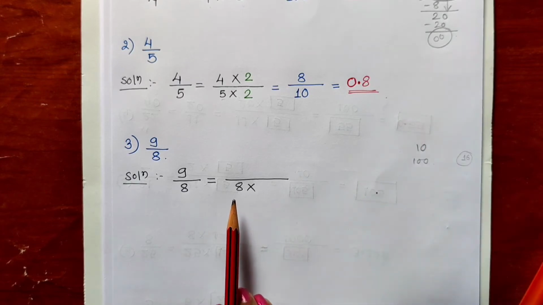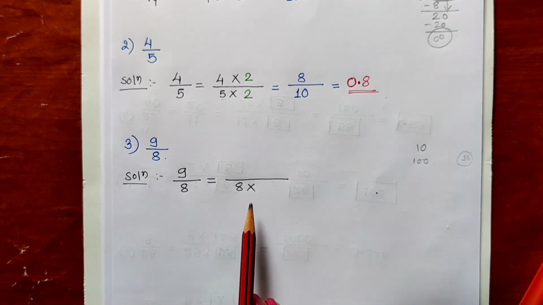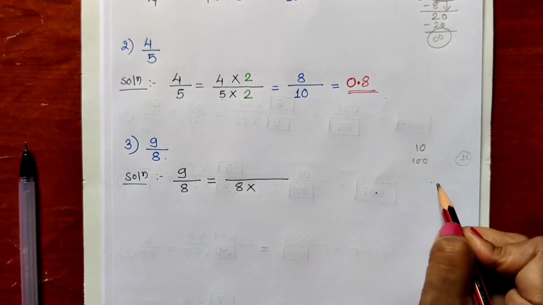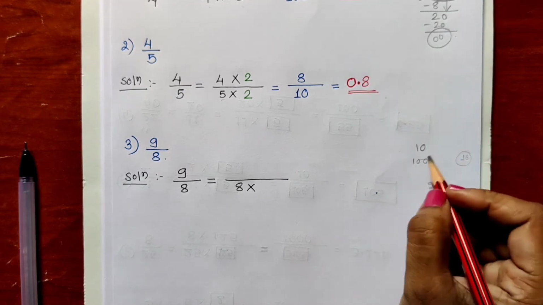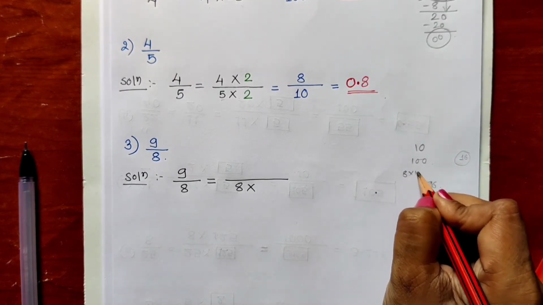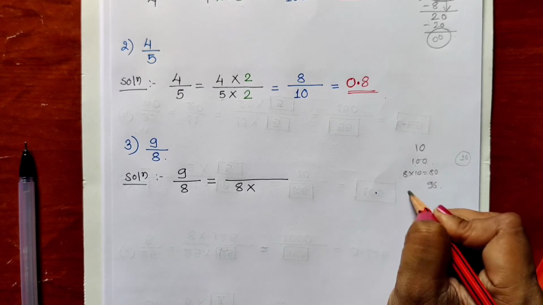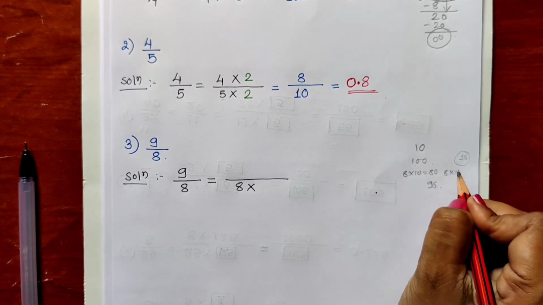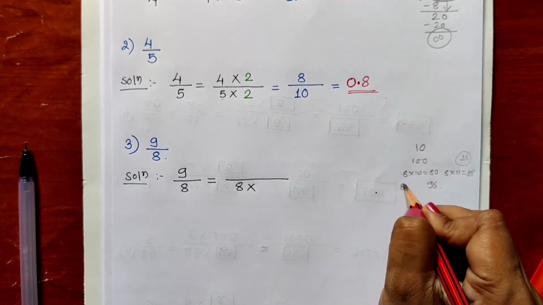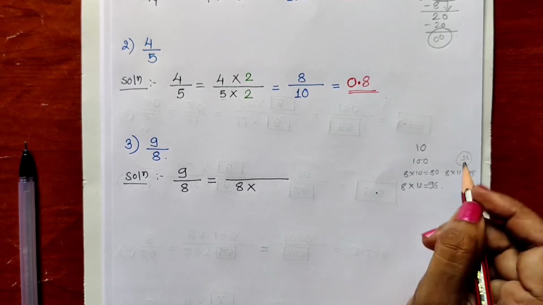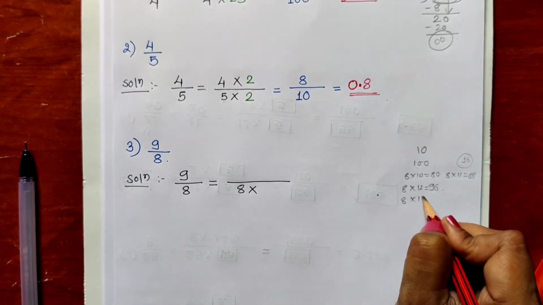Now if you multiply 8 by any other number, can you get 100 as the answer? See, 8 10s are 80, which is smaller than 100. 8 11s are 88. 8 12s are 96. 8 13s are 104.